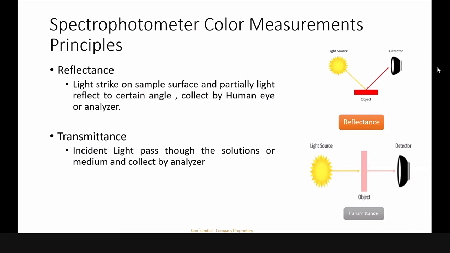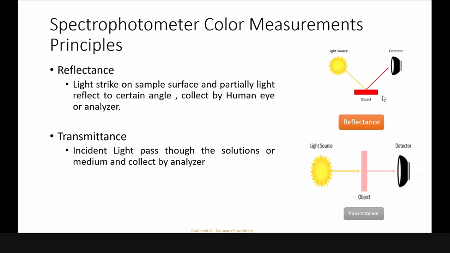technique in a spectrophotometer to measure color is transmission. Here there is a little change. We have an object, a light source, and a detector, but the light goes through the object, inside the material. In transmission measurement, energy is emitted from the light source, natural or artificial like a lamp, and it falls on the object.